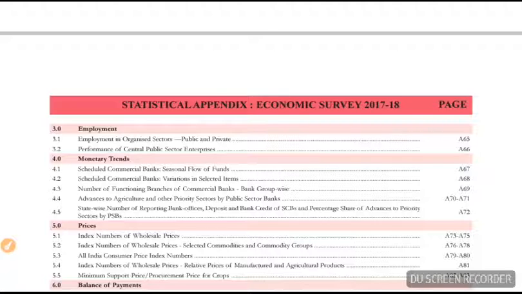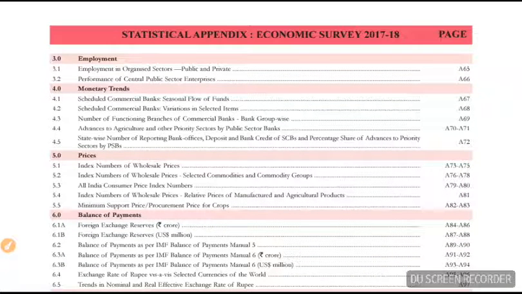Okay, then what is the monetary trend, and prices? How do WPI, IIP industrial production and WPI wholesale price index cover all these things? You have to clear the basic definitions by yourself, and how the Economic Survey is used in paper 3, that I will teach.